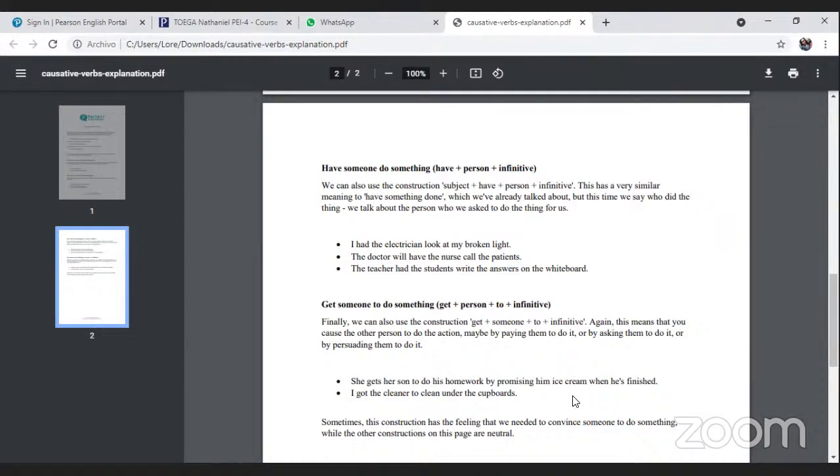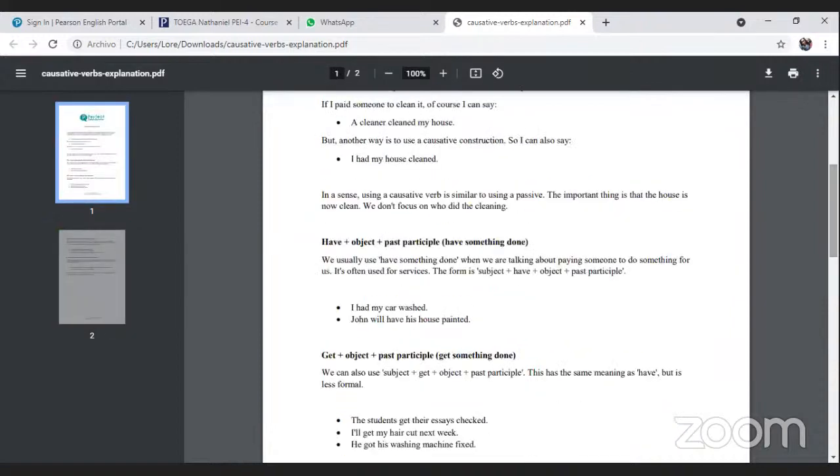Exactly, the second one is correct. Yes, so that's the little difference when you're mentioning the person. With have, you're not going to write to, but with get, yes, of course, don't forget to write this little word, okay?